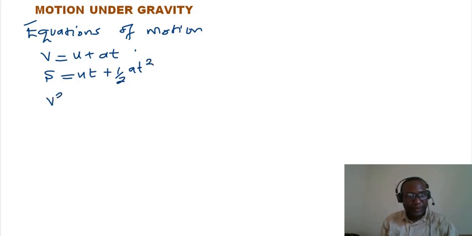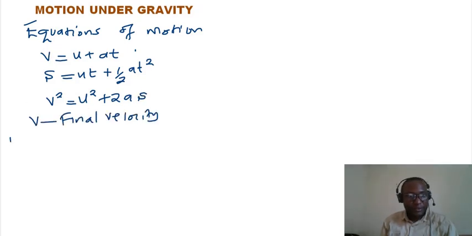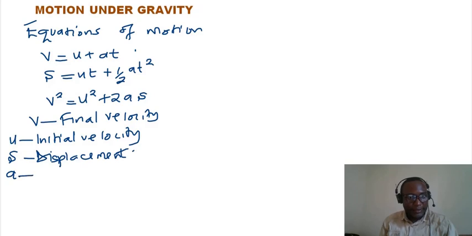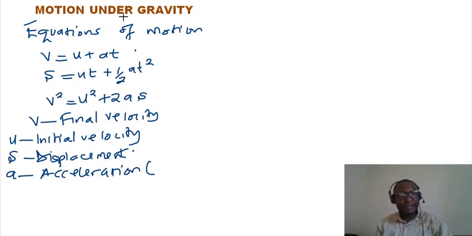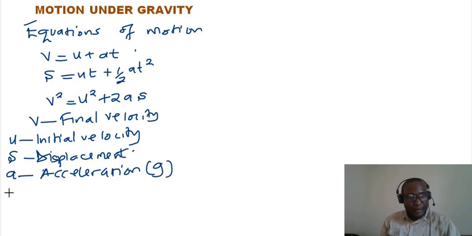We had V squared being equal to U squared plus 2AS, where V is the final velocity. Then we've got U, which is the initial velocity, and that S is the displacement, then A is the acceleration, and under here, where the body will be moving freely under gravity, the acceleration will be the acceleration due to gravity, G. Okay, then T is the time taken.